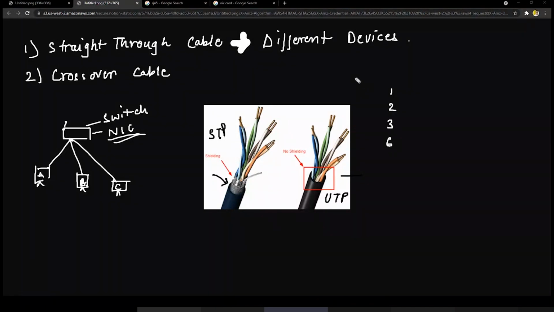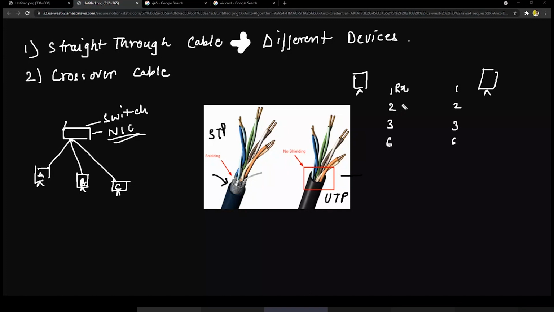Let's say these are the NIC card. This NIC card is of a PC, and here also we have a PC. So we are here connecting two PCs together. We are learning why a straight through cable or a crossover cable would be required between same or different devices. So the first pin acts as the receiving one.